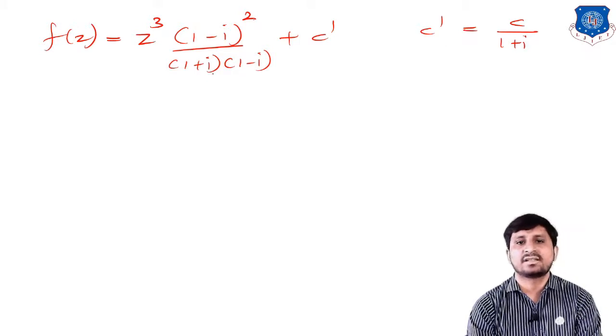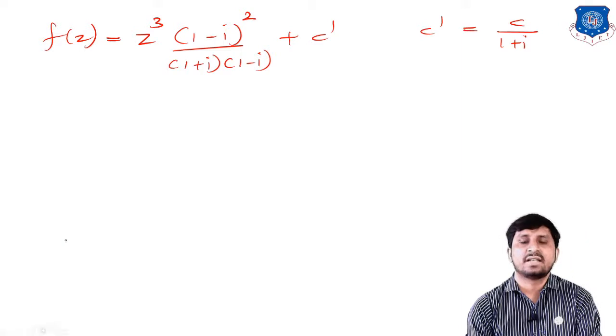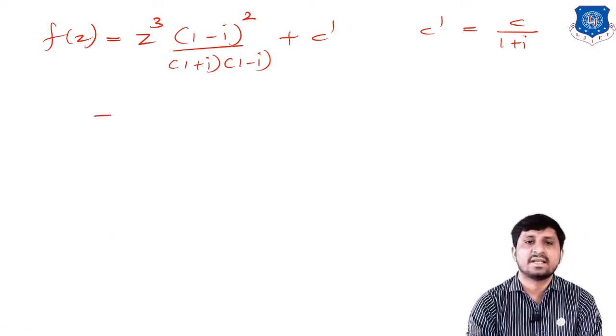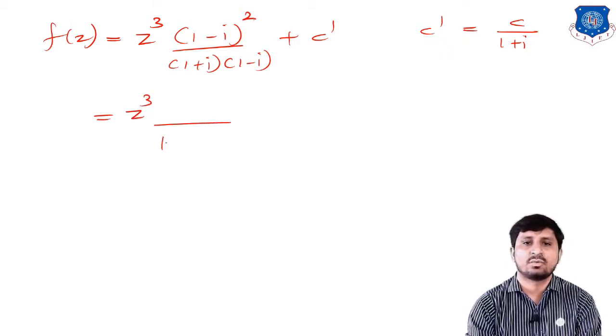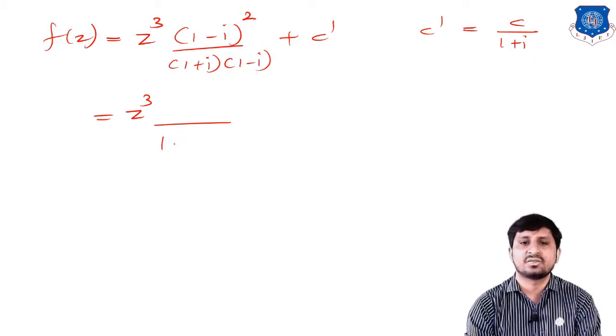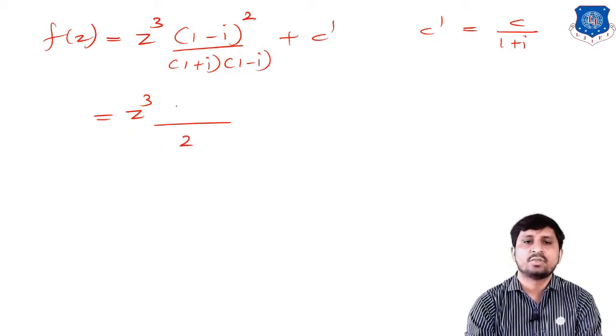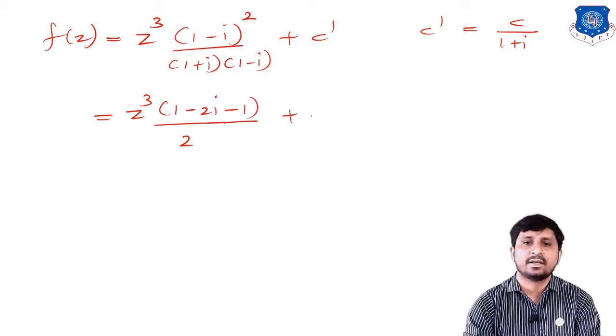Now 1 plus i into 1 minus i can be written as a plus b into a minus b, that is a square minus b square. So that's why we get z cube. In the denominator we have 1 square minus i square, and i square is minus 1, so plus 1. So finally we get 2 in the denominator. In the numerator we have 1 minus 2i plus i square, which is minus 1, and plus c dash.